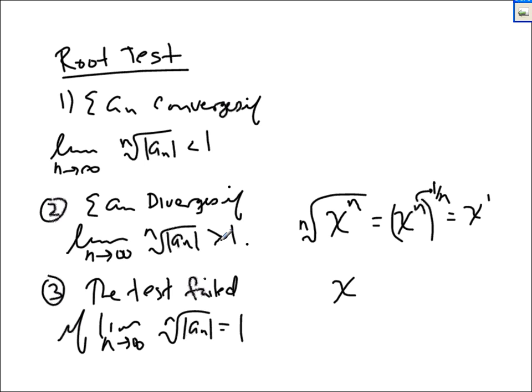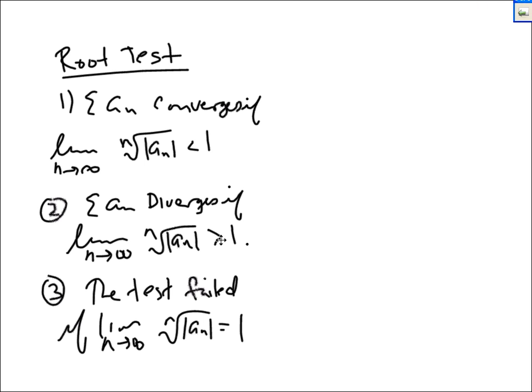Remember, when you had the square root of x, it's understood to be 2. Or even if you have x cubed. Square root means to the half power. That's what square root means, to the half power. Nth root means to the 1 over n power.